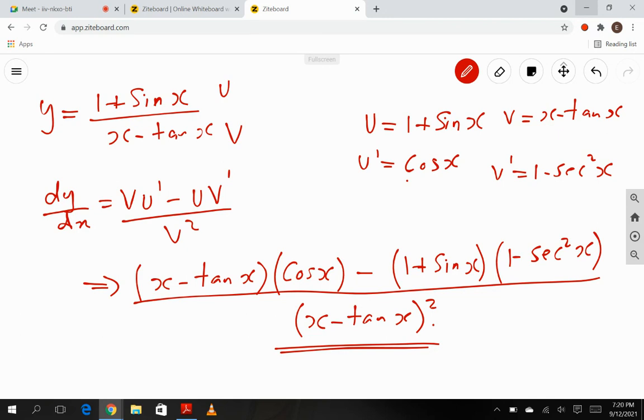Which part, first of all? The first part, x minus tan x times cos x. Oh, so you're saying that since tan is sine x over cos x, we cancel that. Yeah, but again, that means you also have to multiply that cos x with the x there.